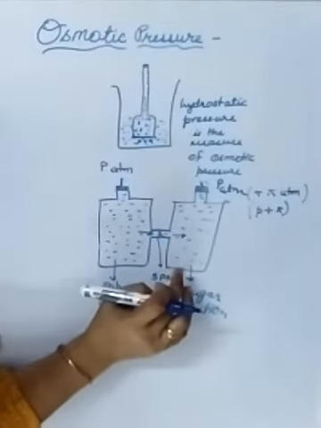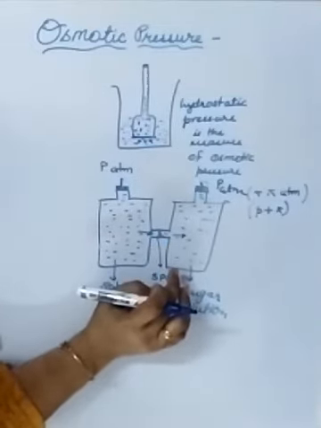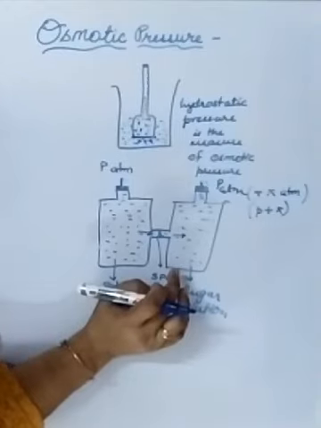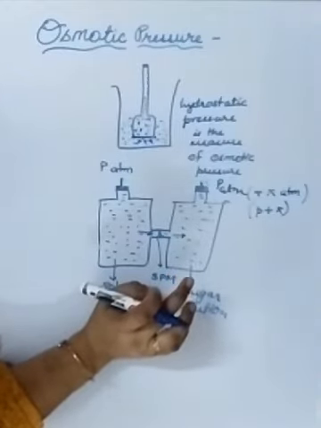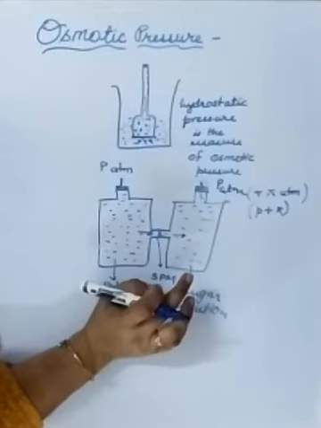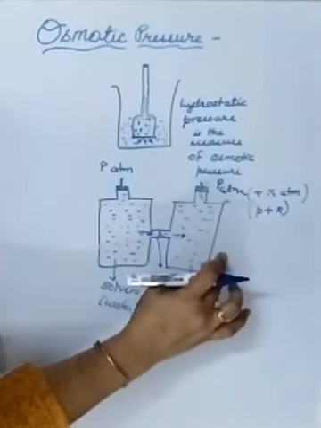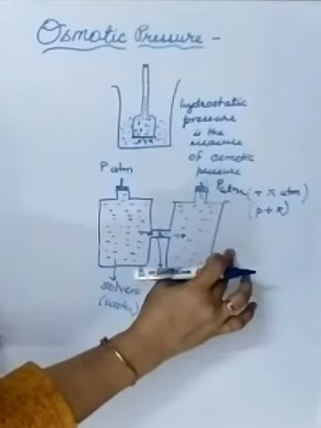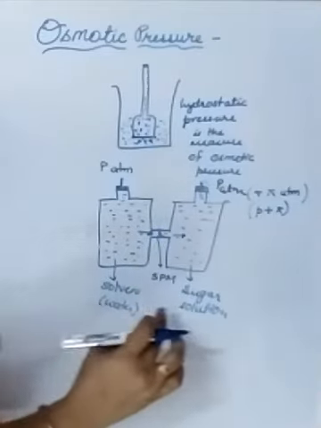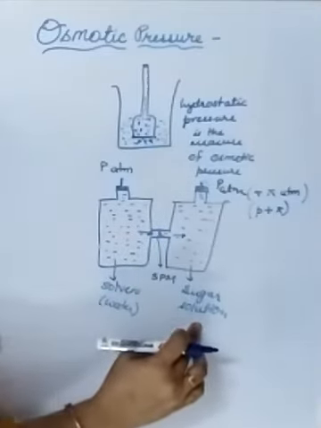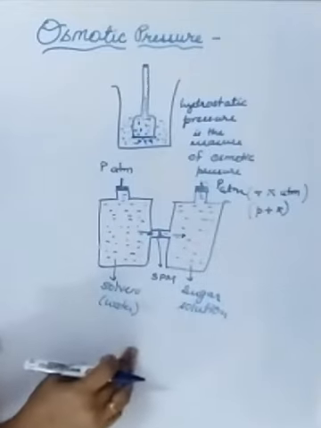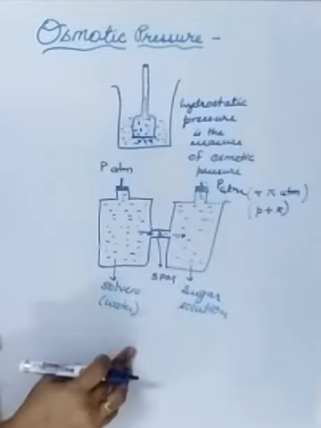So the excess pressure which stops the osmosis is known as osmotic pressure. How will we define it? The excess pressure which must be applied to the solution side so as to prevent the passage of solvent to the solution side through the semi-permeable membrane is known as osmotic pressure.